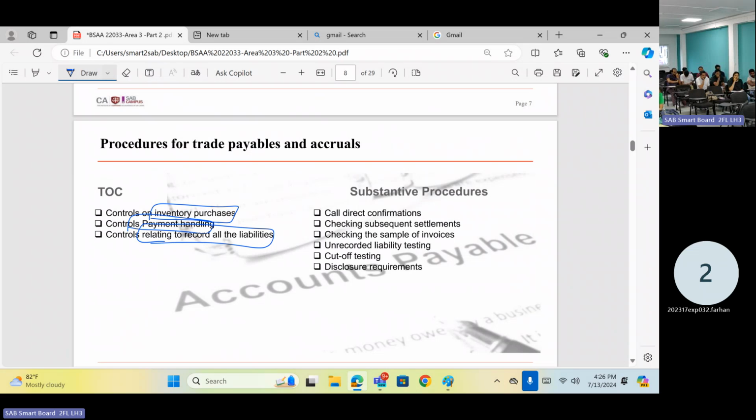A trade creditor increases with credit purchases and decreases with cash payments. So the controls related to both aspects should be tested to ensure a reliable control approach.